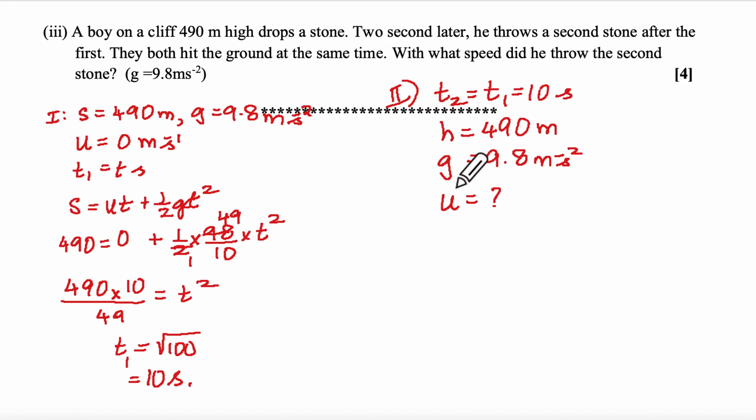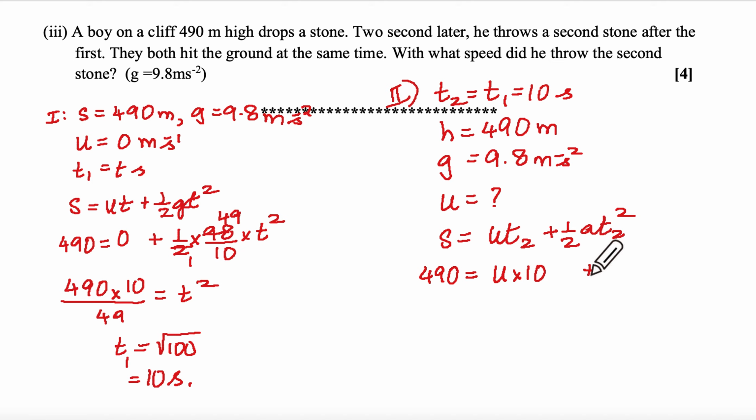So can you see s is equal to ut2 plus half at2 square? So 490 is equal to u into 10 plus half into a, which is 98 upon 10, into 10 into 10, correct?